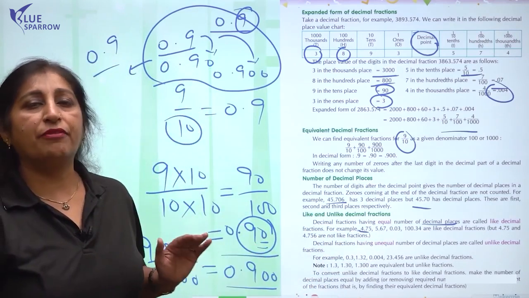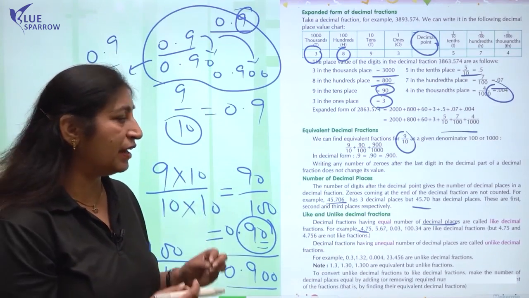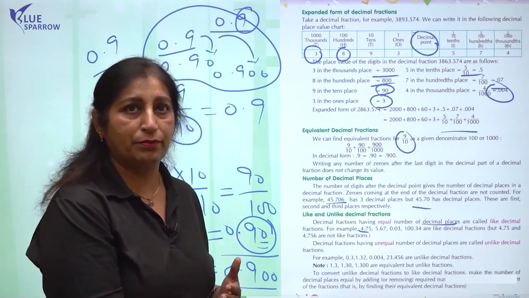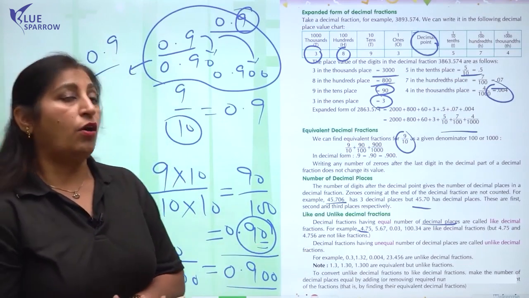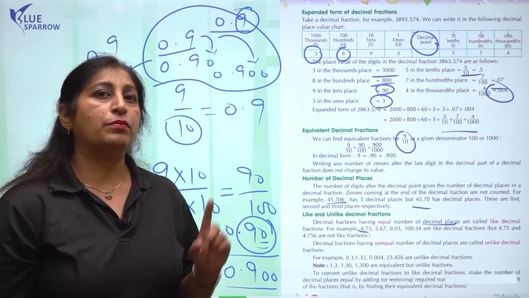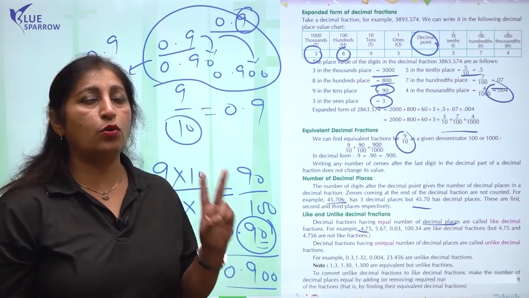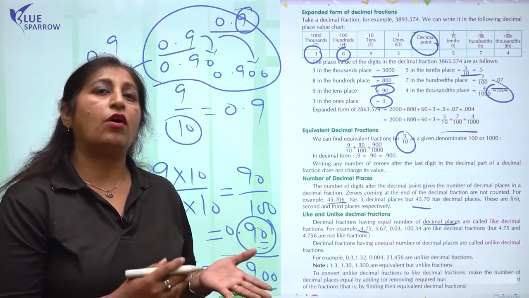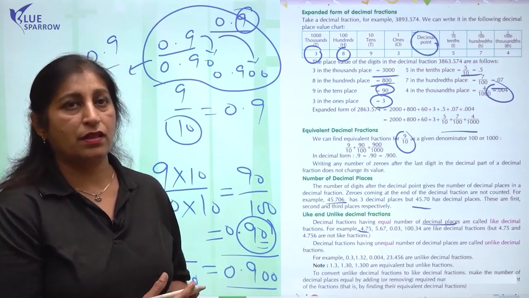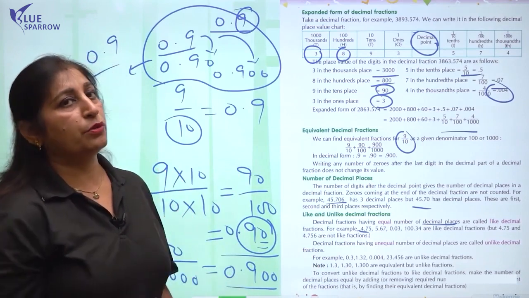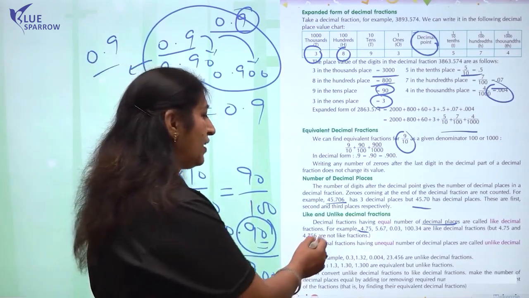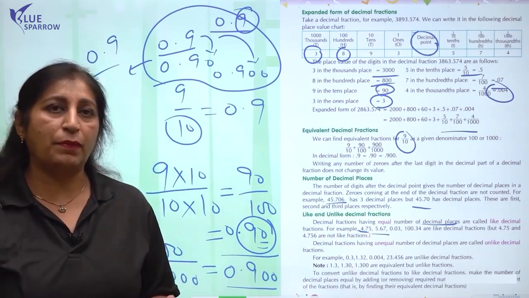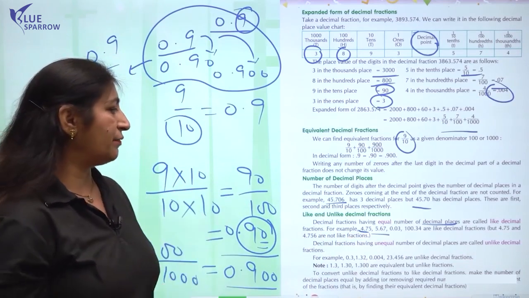All of these numbers are different, with different digits in their whole number part as well as in their decimal part. But they all have one similarity: each contains 2 digits after the decimal. It means all of these have 2 decimal places, so they would be called like decimal fractions.